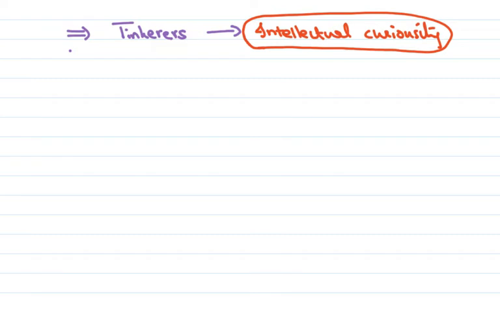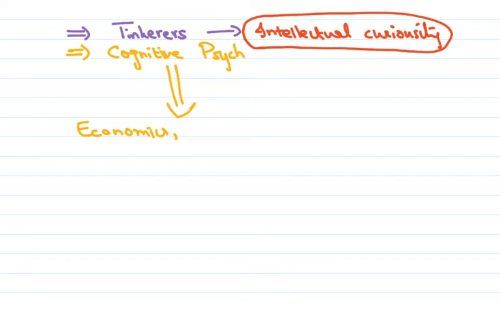But then, obviously, there are other reasons as well, because cognitive psychology really has a lot of implications. Research from cognitive psychology can be used for adding to our knowledge in a lot of different disciplines, such as economics, such as linguistics, such as, for example, sociology.